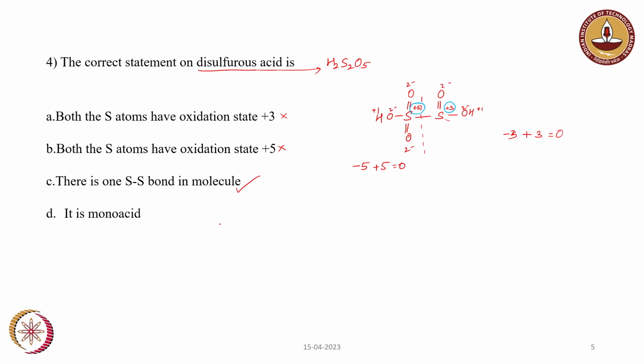Monobasic acid has only one OH. That means only one H plus can be removed.